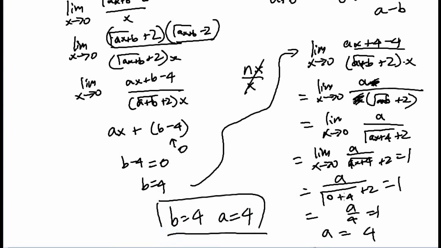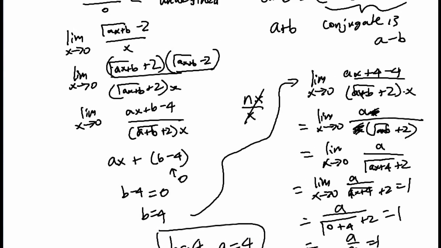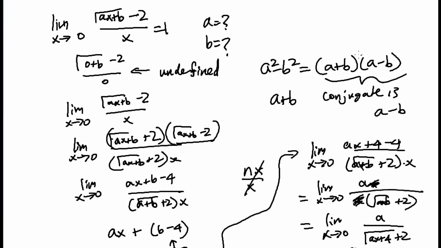Try it out. Plug a equals 4 and b equals 4 back in here, and you get the limit as x approaches 0 of the square root of 4x plus 4, minus 2, over x.